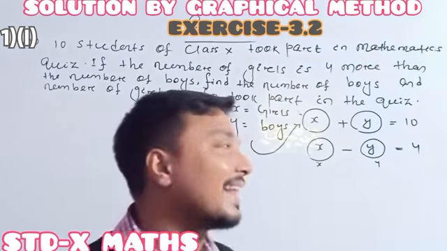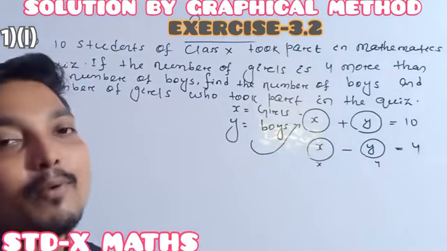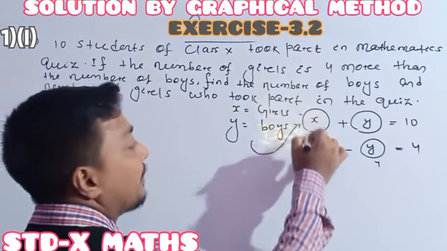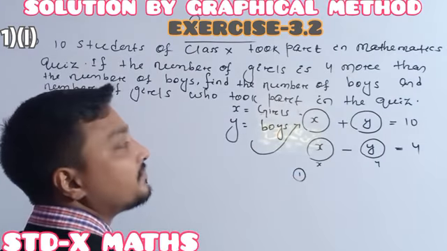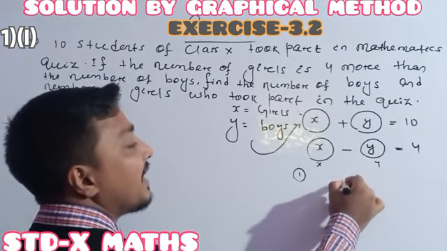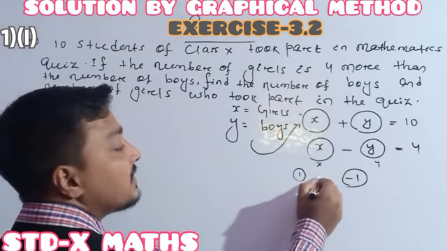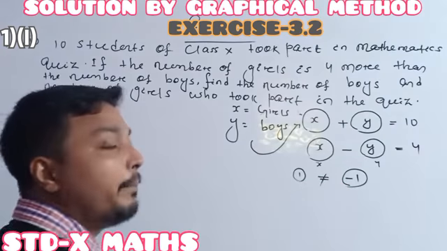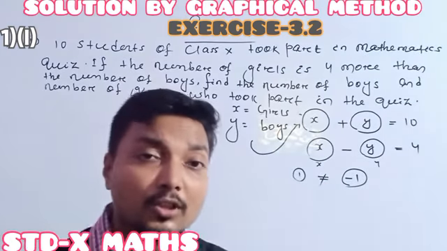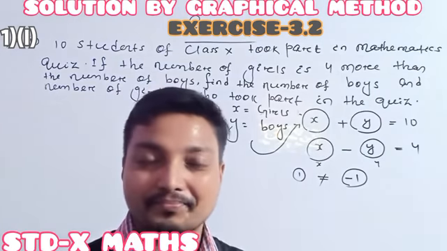See here the ratio a1 by a2 is 1 by 1, which is equal to 1. Here the ratio b1 by b2 is 1 by minus 1, which becomes minus 1. As a1 by a2 is not equal to b1 by b2, both lines intersect each other at a point.